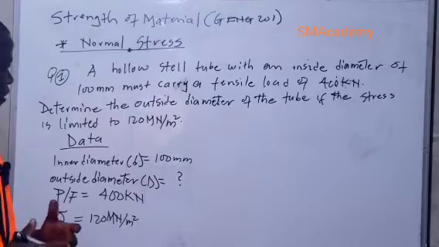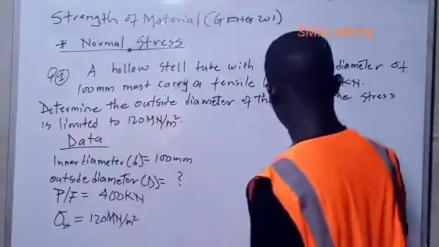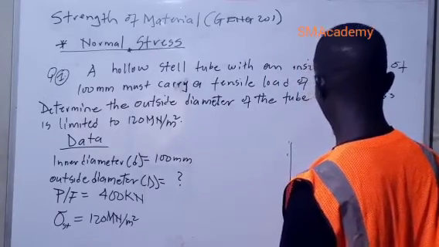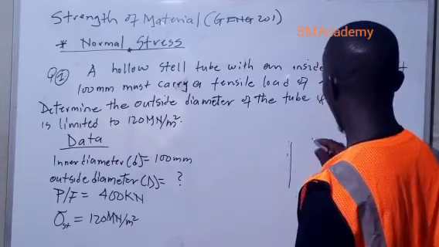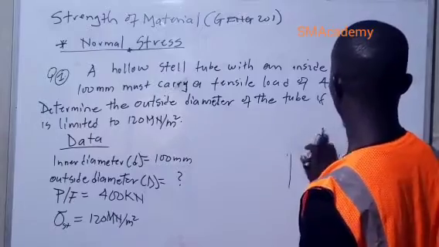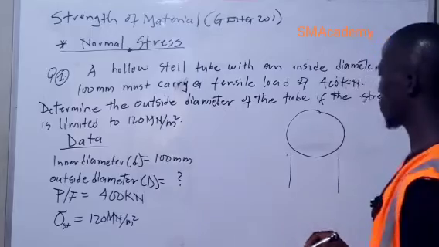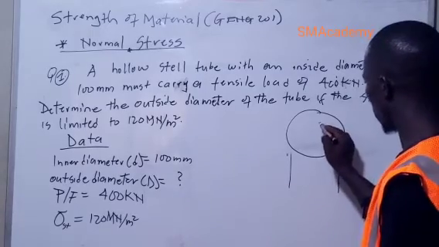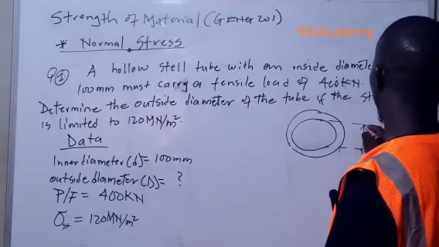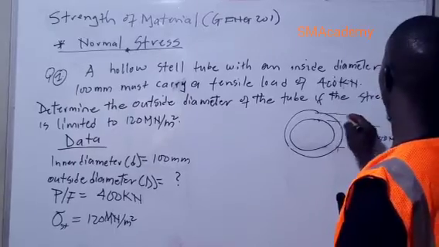So let us get a diagram of this problem. So this is the steel. It's a hollow steel. We know this is the inner diameter, and this represents small d equal to 100 millimeter.